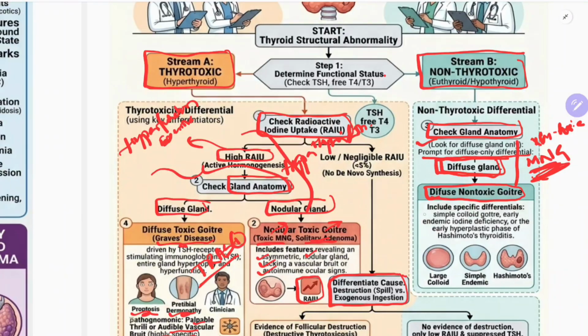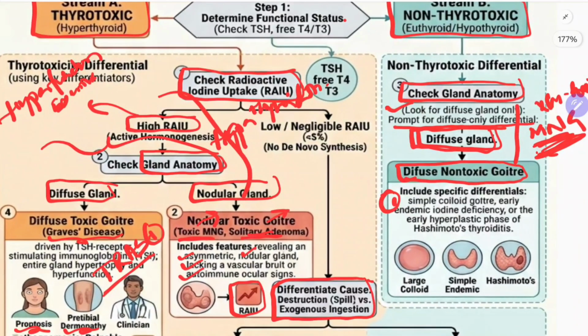So simple differentials. Number one is simple colloidal Goitre. Number two is iodine deficiency. Number three is early phase of Hashimoto's thyroiditis. Patients who are in the early phase of Hashimoto's thyroiditis will initially have this diffuse gland enlargement, and the patient may have normal T3 and T4 also.